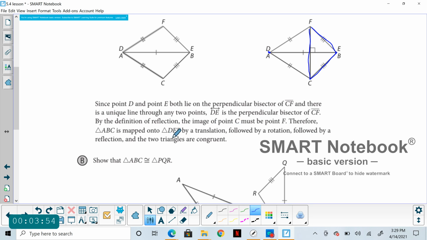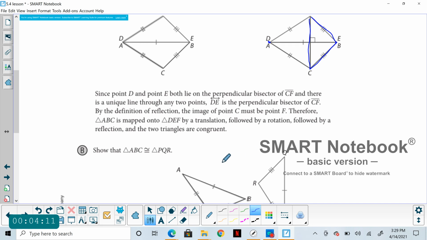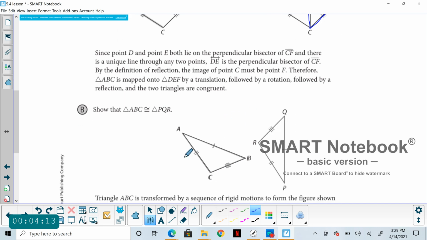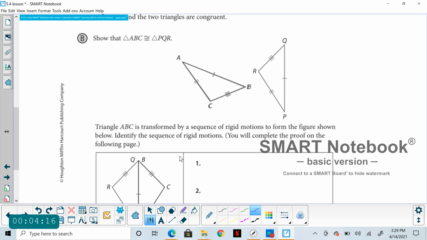So by definition of the reflection, the image of point C must be point F. Therefore, triangle ABC is mapped onto triangle DEF by translation, followed by a rotation, followed by a reflection, and the 2 triangles are congruent.